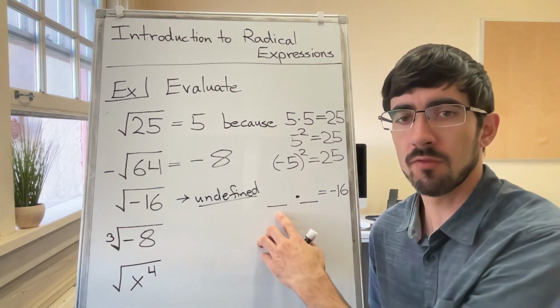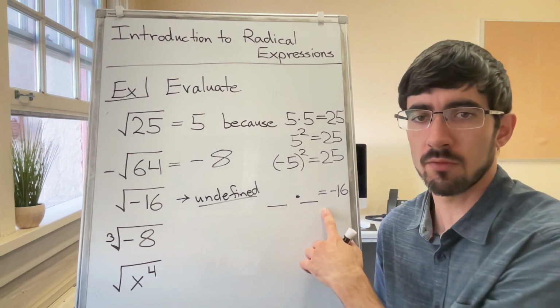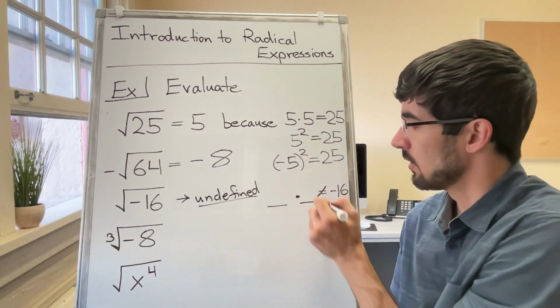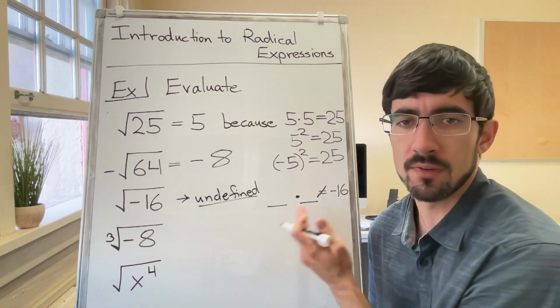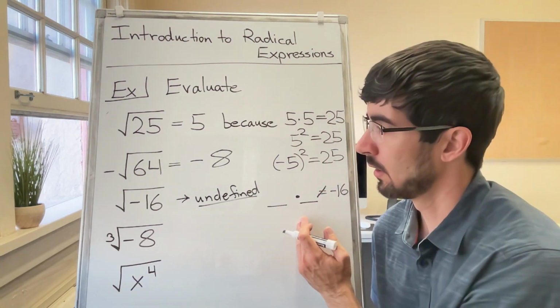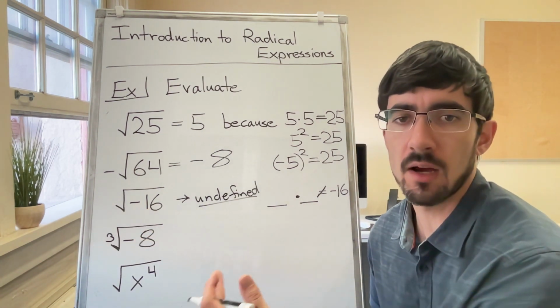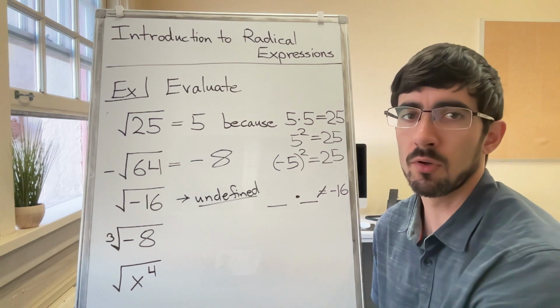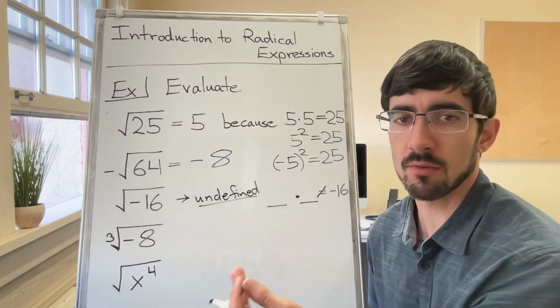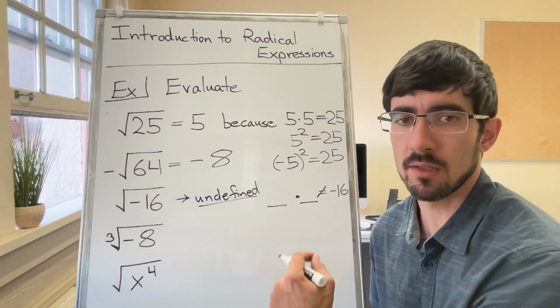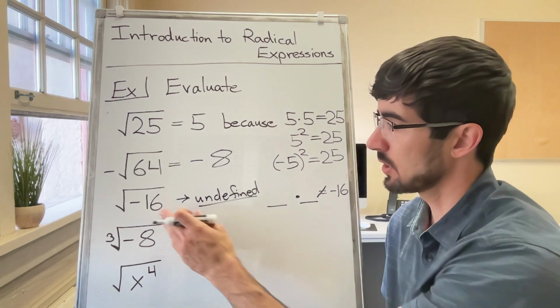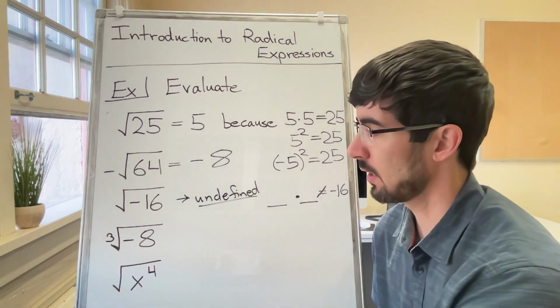If I put negative 4 in here, negative 4 times negative 4, that's still positive 16. So there's nothing that equals negative 16 when you square it. That means the square root of negative 16 is undefined. It's not a real number. You can express it using complex or imaginary numbers, but that's beyond the scope of this course. So we'll just say not a real number or undefined.